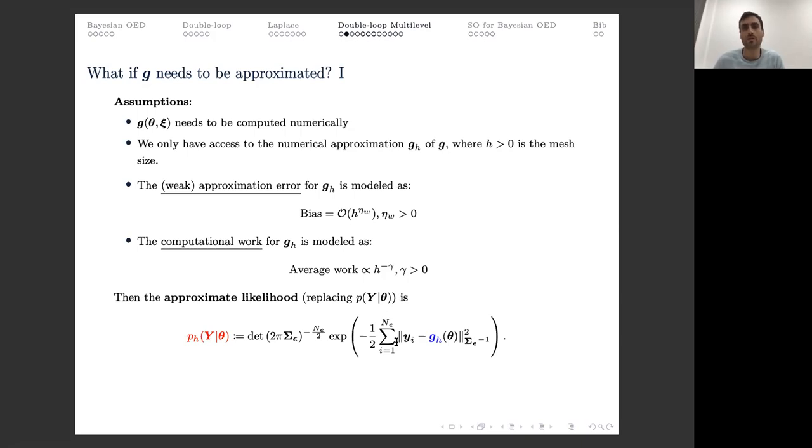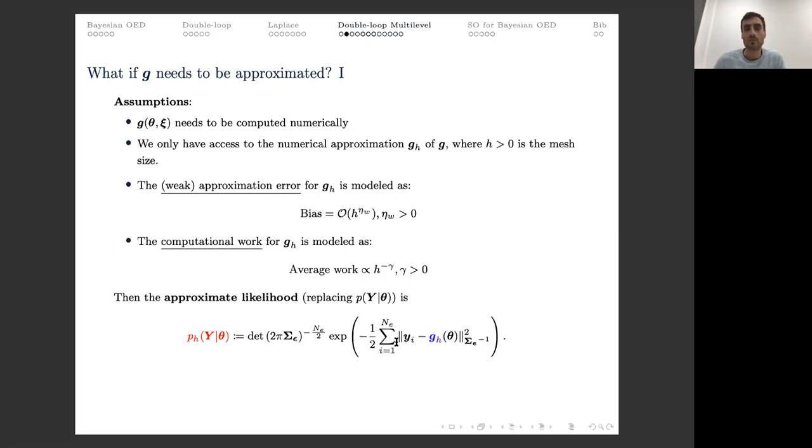So you have an additional error. Now we only have access to G_H, which is an approximation of G, and this H refers to the mesh size, because we mainly work with finite elements.